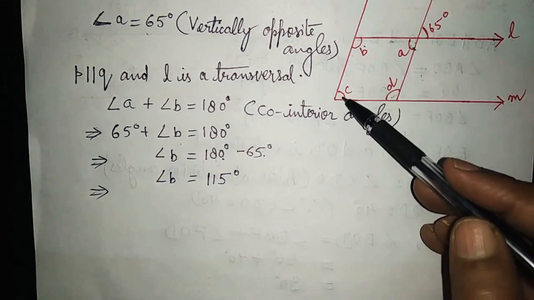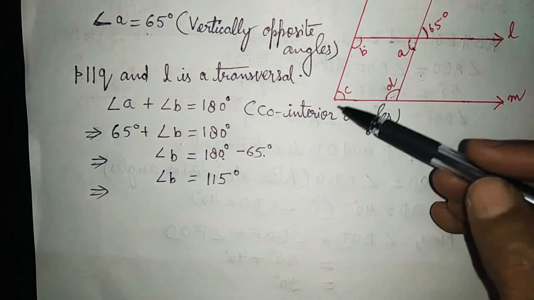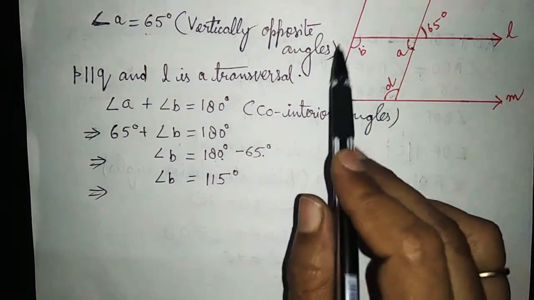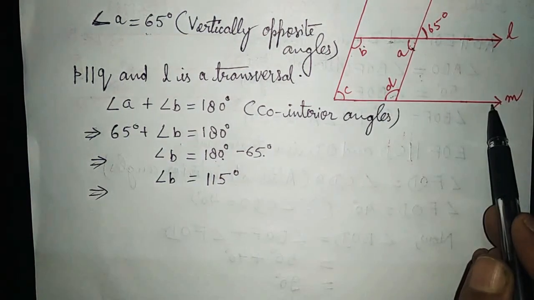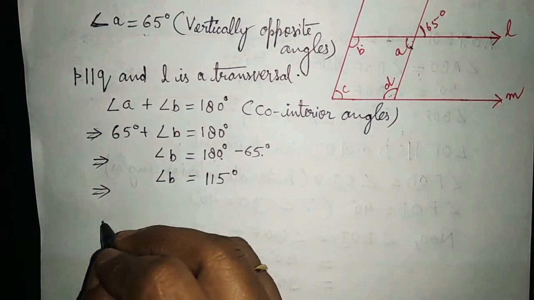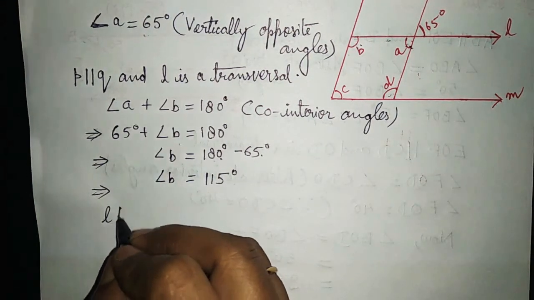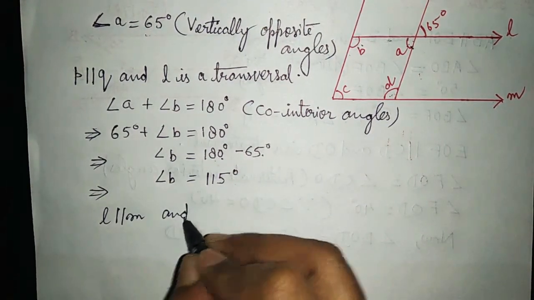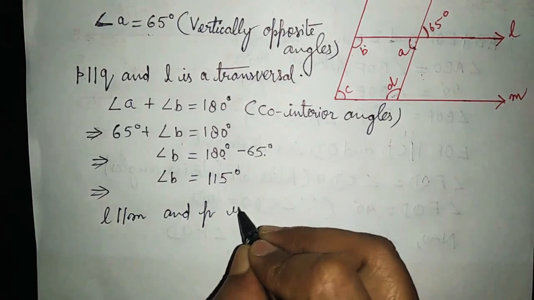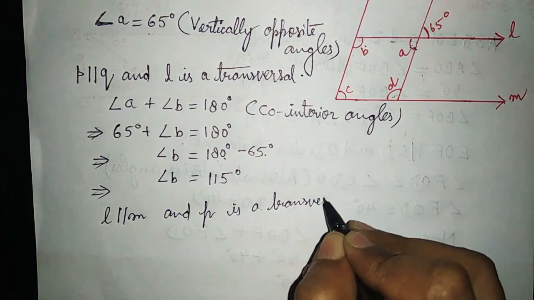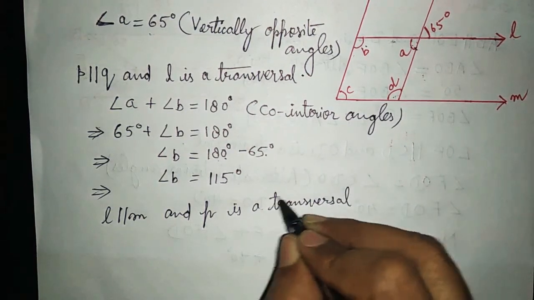Now we will find the remaining angles, angle C and angle D. For angle C, we will take line P as a transversal and lines L and M as parallel lines. Okay, so here we will write line L is parallel to M and P is a transversal.